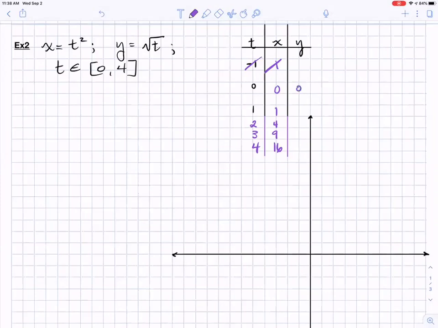The next Y value? 1. What's the next Y value? Don't type it into the calculator, just tell me what it is. Square root of 2. What's the next one? And then the last one? 2.